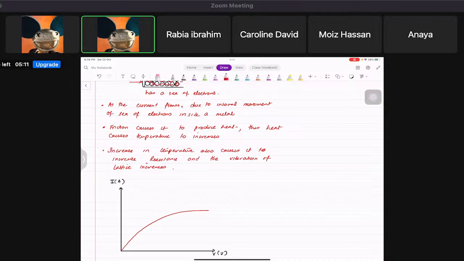Now, who has seen a filament lamp, a filament bulb before in his or her life?